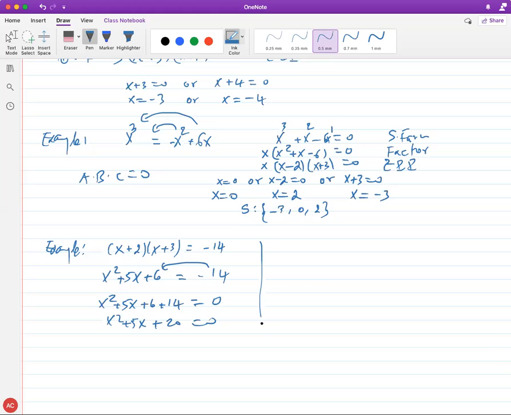Let me redo this. Let me do this with a different example, so we don't run into something like this. Hopefully this will work. It should. Yeah, this should be okay.